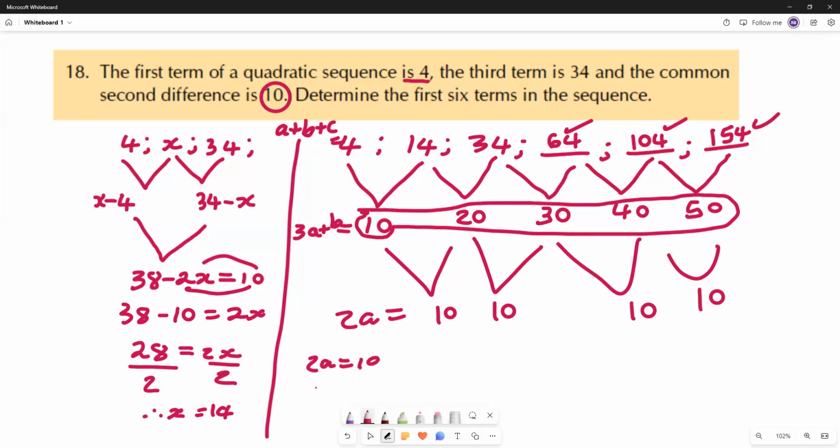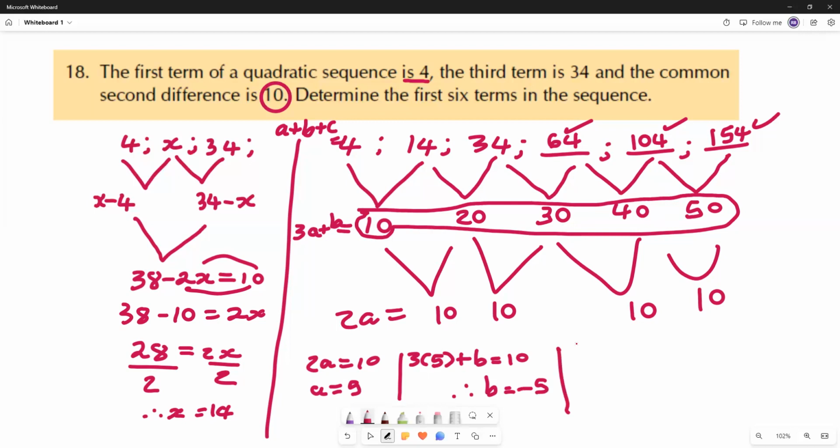Then I divide both sides. I see that a equals 5. Then I'm going to have 3 times 5 plus b equals 10. Therefore, I can see that b will be 15 minus 5 to get 10. So b will be negative 5.